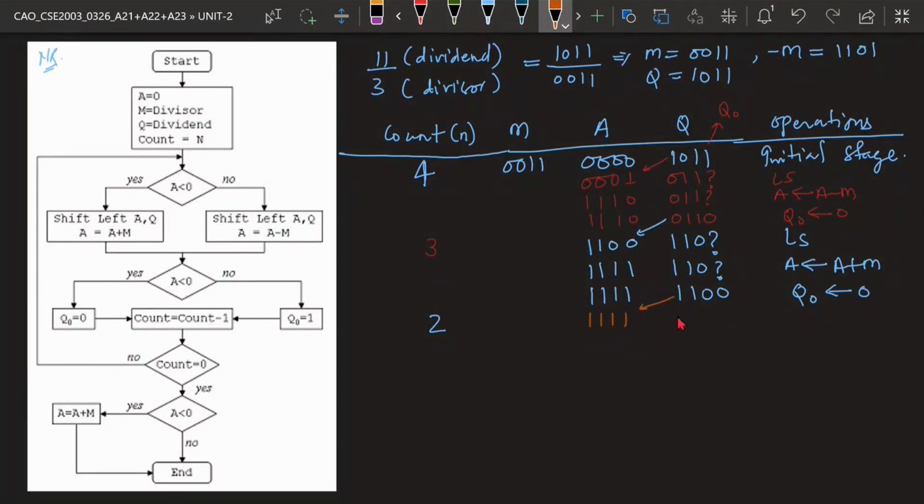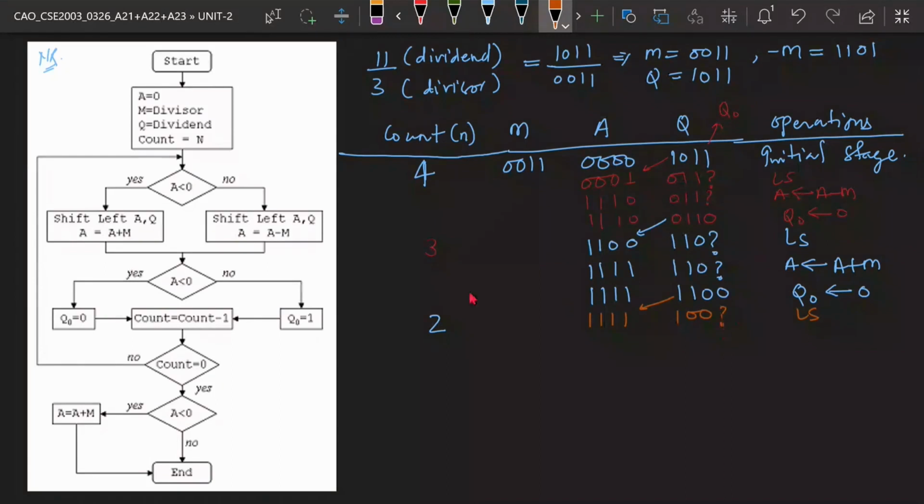So this is 1, 0, 0, and this one. The Q naught bit is not decided, because once we shift left, the most significant bit will be discarded and the new bit will directly be a 0 pad. But this Q is decided at a later stage, so that's why we have made it a question mark.